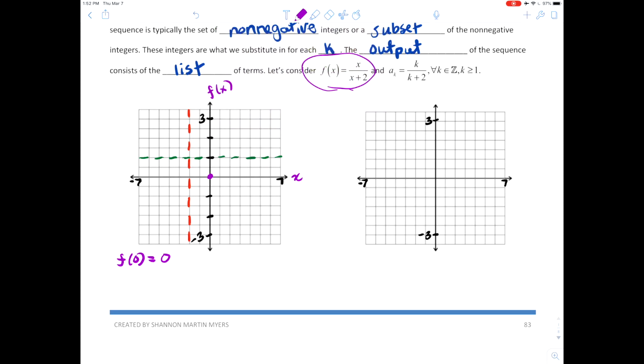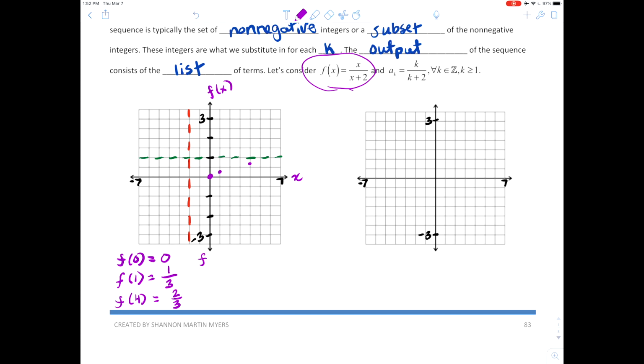Completing a few more computations, f at 1 is going to give us 1 over 1 plus 2, which is 1 over 3. So we've got 1 and then a third is going to be maybe here. And f at, say, 4 is going to be 4 over 6, which is 2/3. So 1, 2, 3, 4, up here at about 2/3.